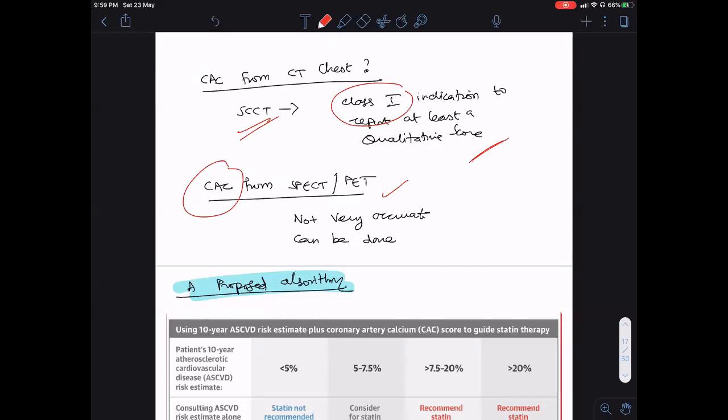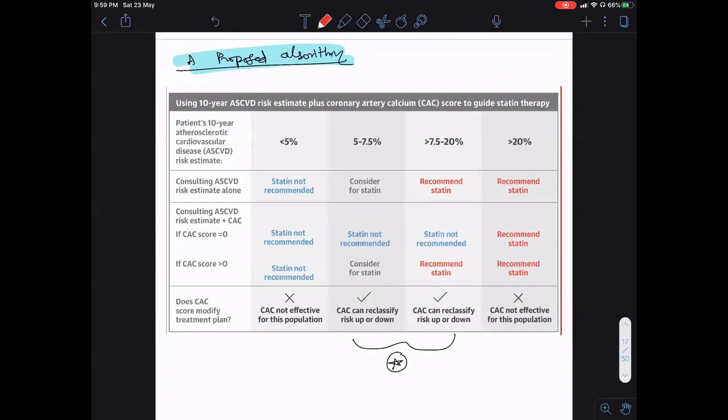So this was a proposed algorithm from a JACC review article. In patients whose 10-year ASCVD risk falls between 5 and 20%, it was found that when your CAC was 0, the recommendation is that statin is not recommended. But when the coronary artery calcium is more than 0, then in this group of patients we can actually modify the treatment plan.